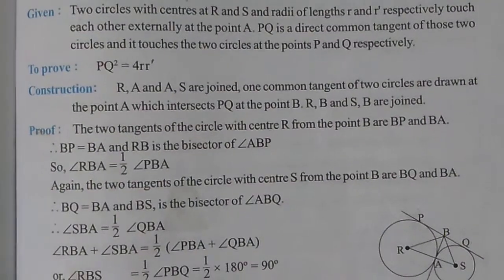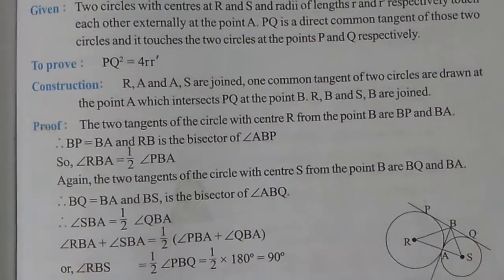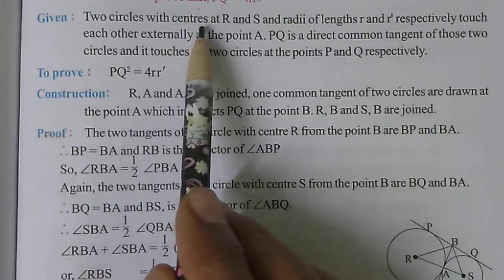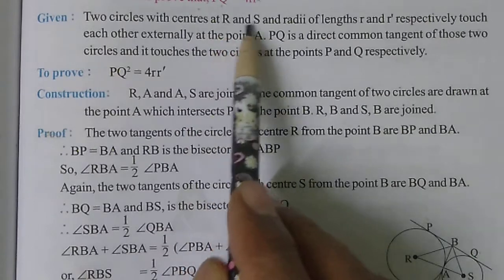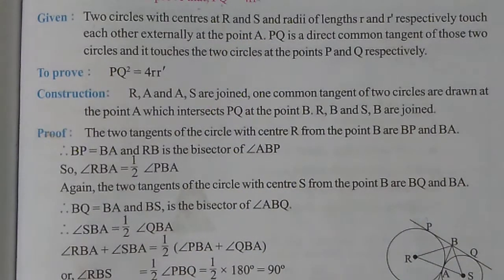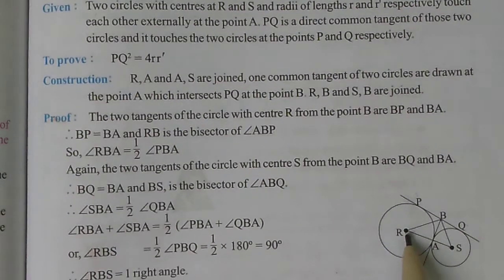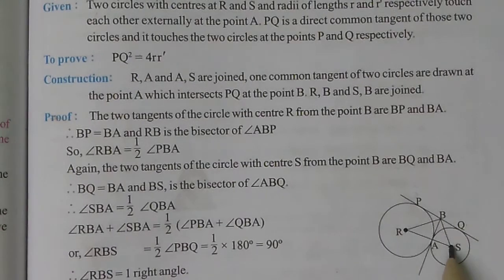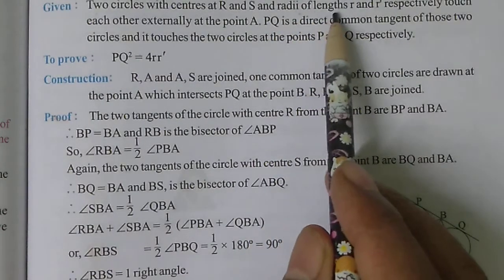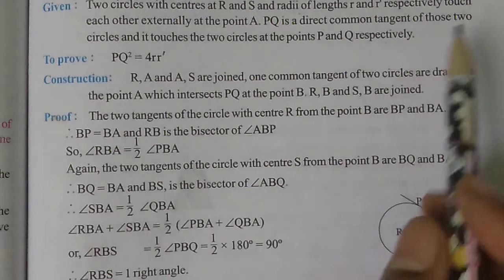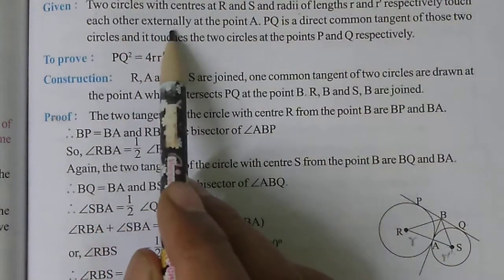Here is our picture, and given two circles with centers at R and S, and radii of lengths r and r dash, the corresponding radii of the two circles, which touch each other externally.